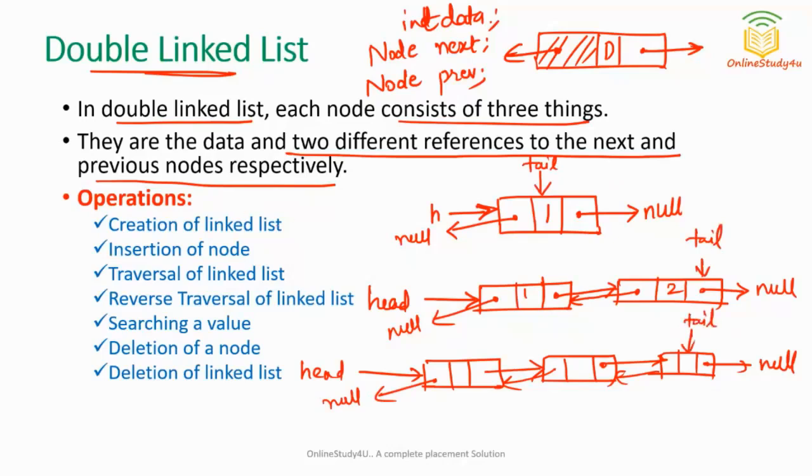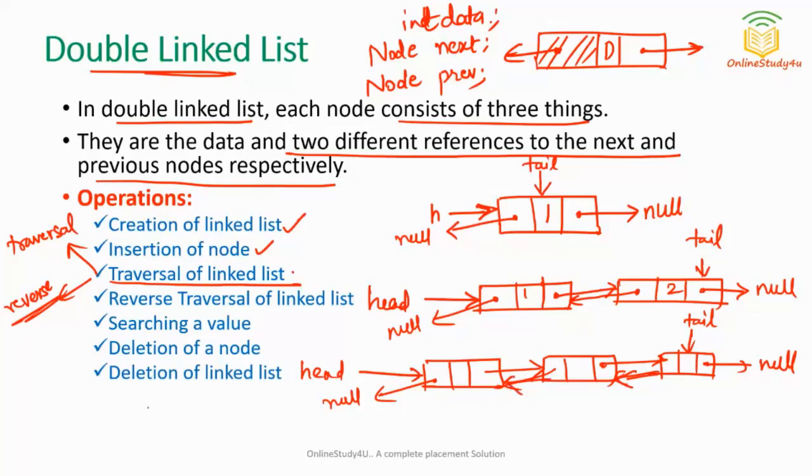So the operations are creation of a linked list and insertion of node. Again we are going to see all those 3 types of insertion. Then traversal. In traversal we are going to see 2 traversal techniques. First is the normal traversal, and second is the reverse traversal. Why reverse? You can see we are having previous pointers also, so we have to check whether it is working or not.